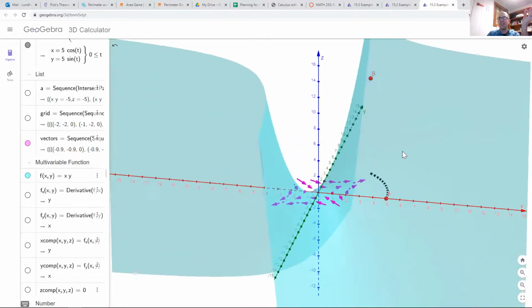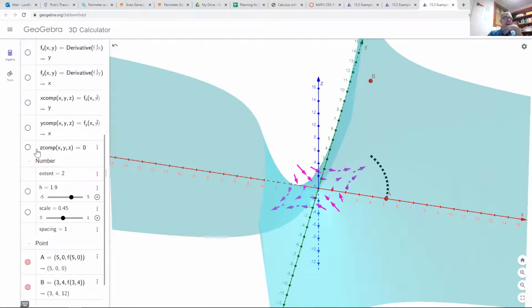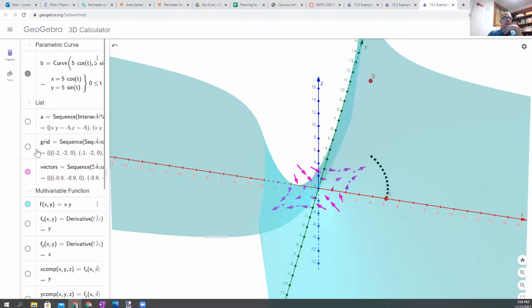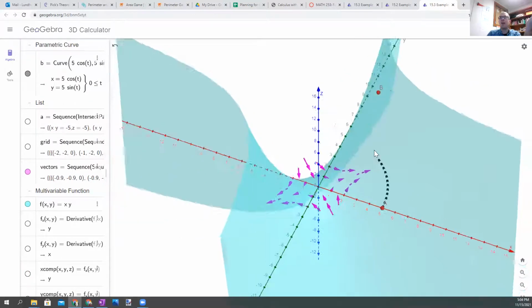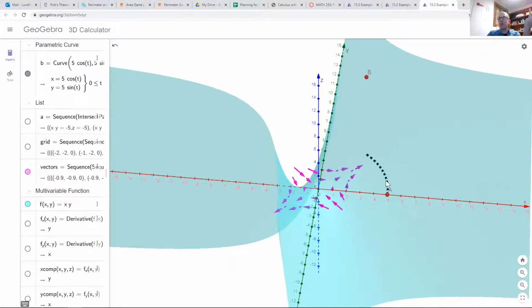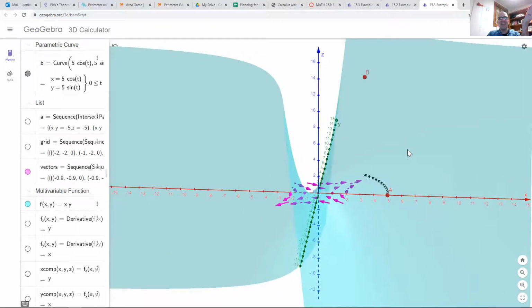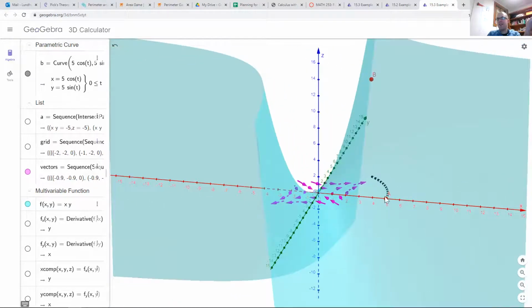And notice, going along this parameterized curve, I don't even know if I have any more curves in here. We could make some more, but if I'm starting at point A and ending at point B, it doesn't make any difference at all if I start off by going over here, going all the way around here.